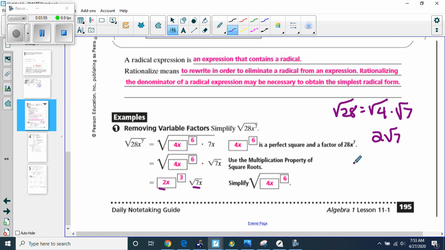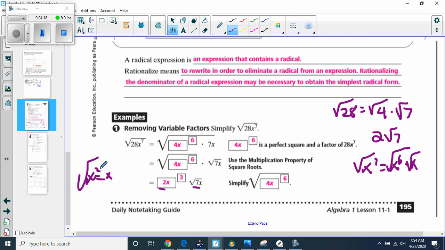And then you're going to take the square root of x to the 7th, and we're going to say that equals x to the 6th times x. And the square root of x to the 6th works just like the square root of x squared equals x.